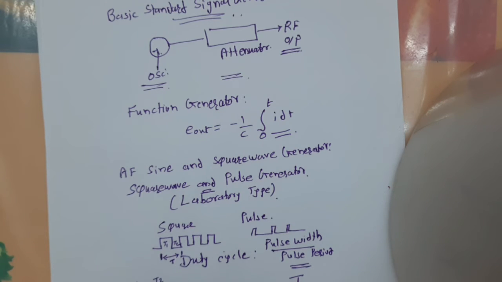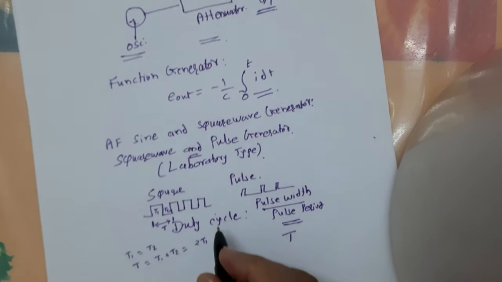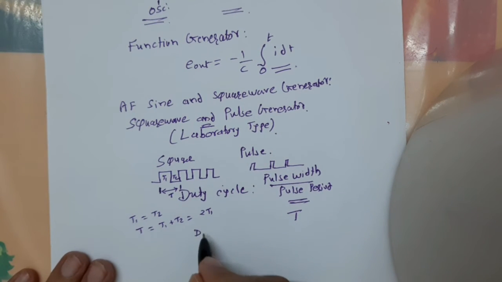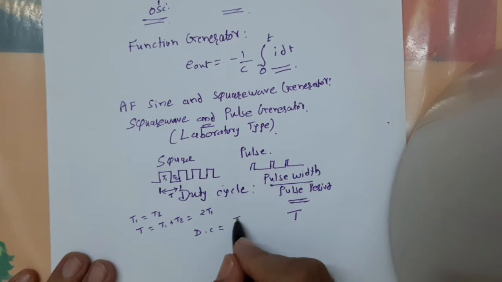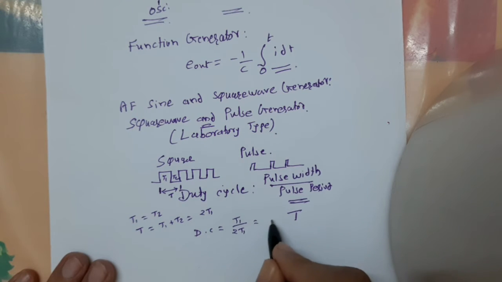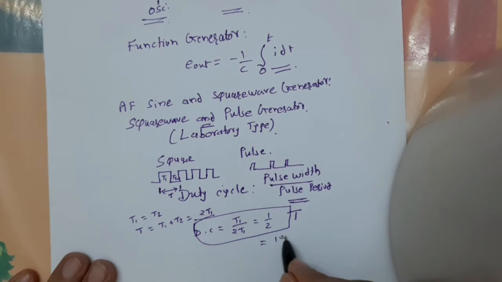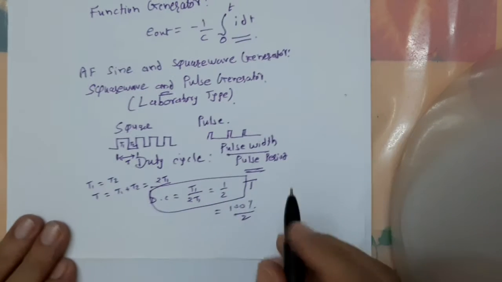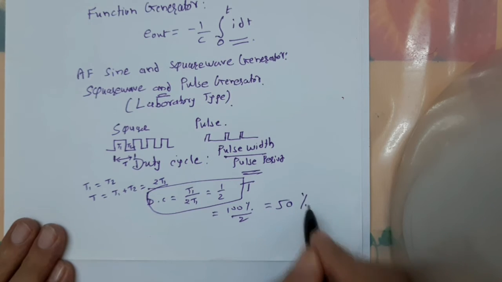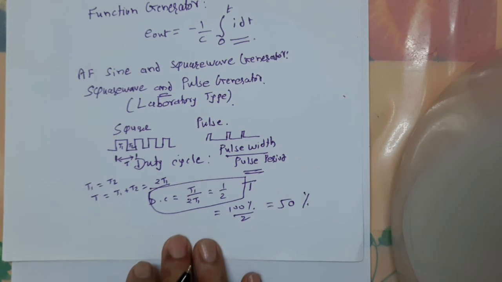T1 is equal to T2, that means T is equal to T1 plus T2, which is equal to 2T1. So duty cycle is equal to T1 upon 2T1, that means 1 upon 2. In percentage, 100% upon 2, that is equal to 50%. In this way, we can say that there is a difference between the square wave and pulse wave.